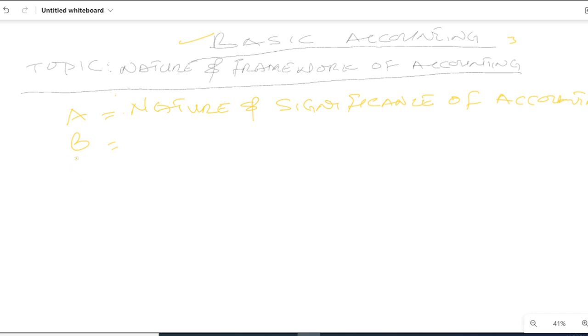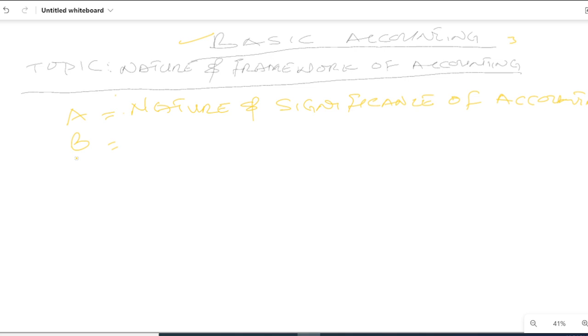Under this, we are going to look at the definition and the objective of accounting, then the features of accounting and accounting coding, the types of accounting, and lastly the users of financial statements. All these are under part A of the topic.